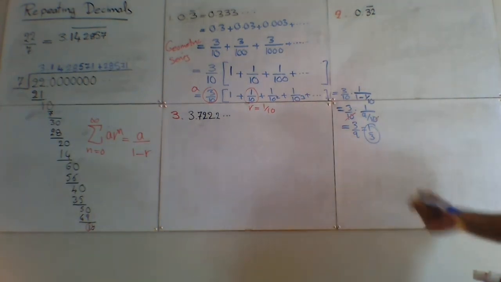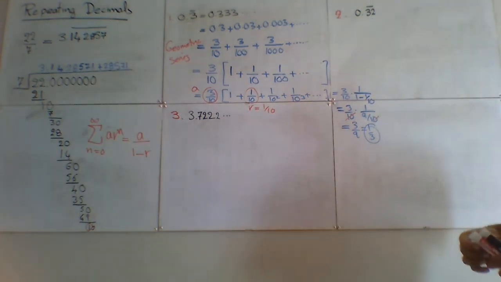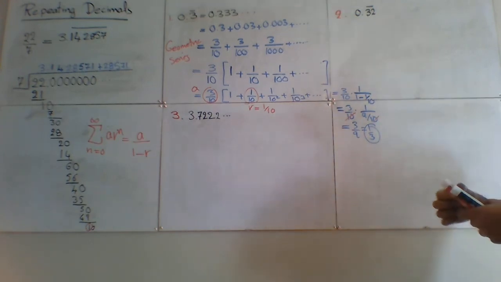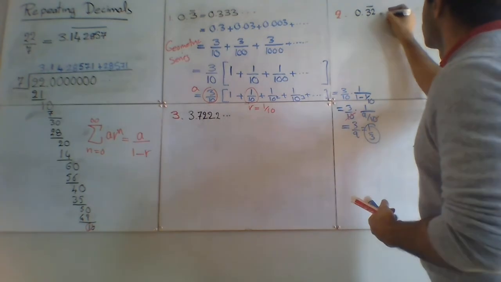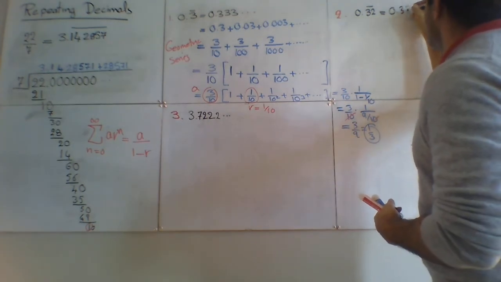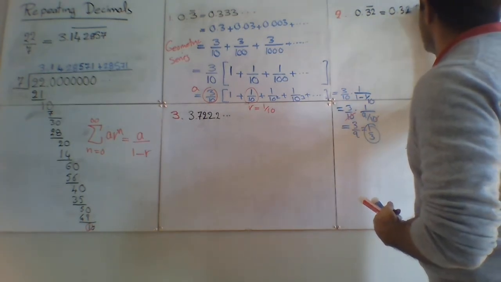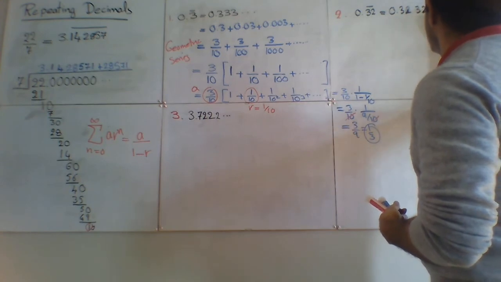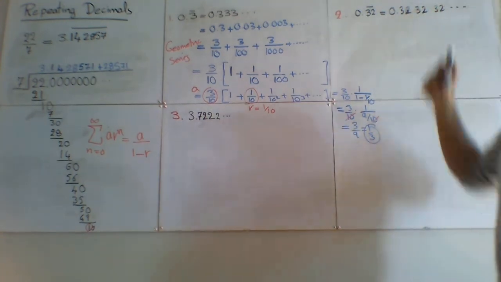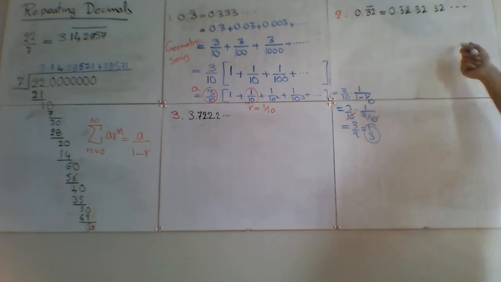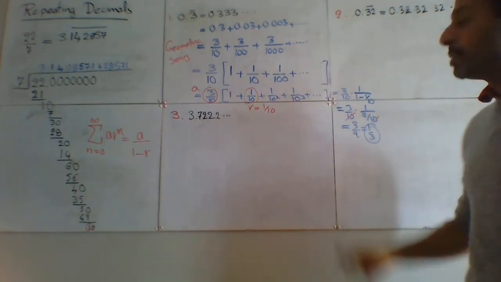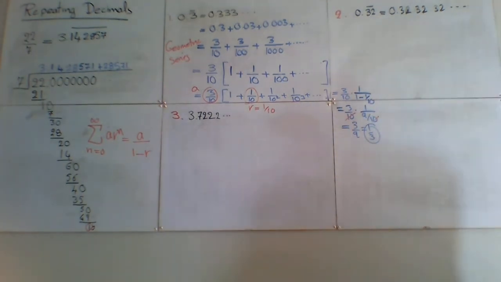If we look at the second example here, 0.32 repeating, so this is 0.32, 32, 32, etc. We want to find the equivalent fraction. This is equivalent to a fraction. It's not an irrational number, it's a rational number because it has this repeating pattern.